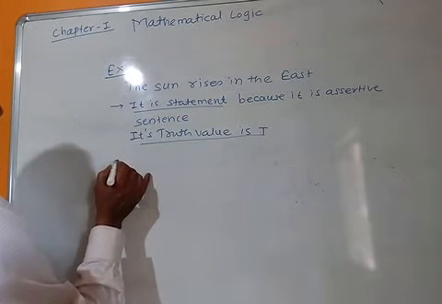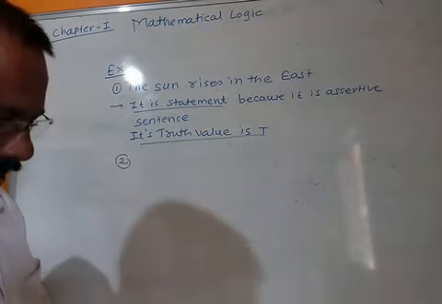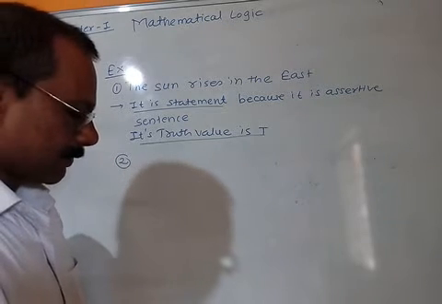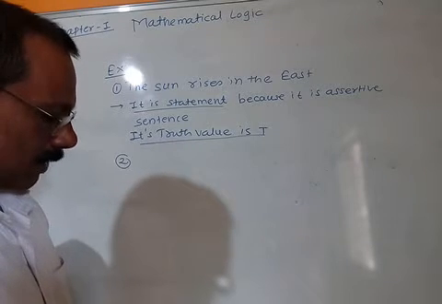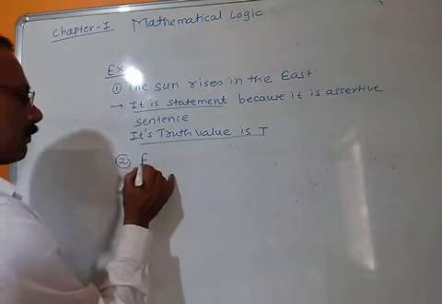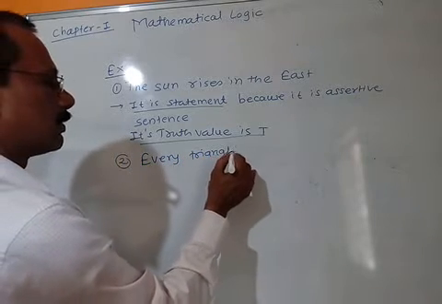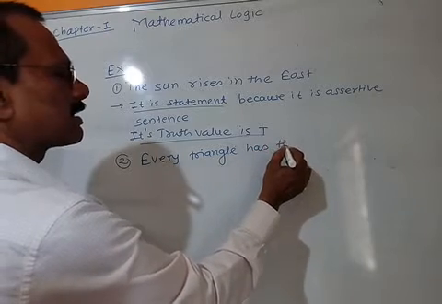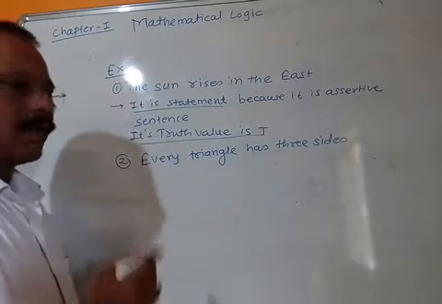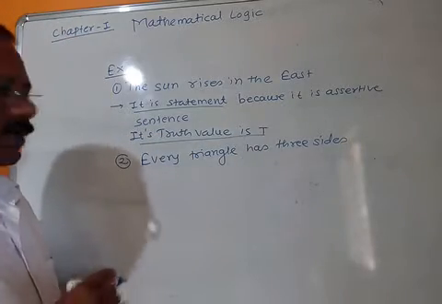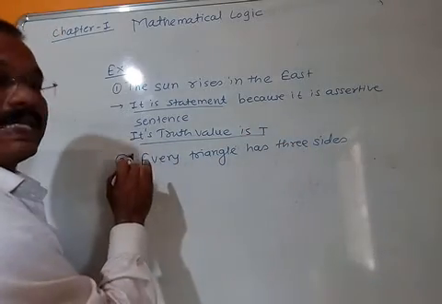Look here. Next, the second example: every triangle has 3 sides. Here there is no question mark, no exclamatory mark, no please, no main verb.